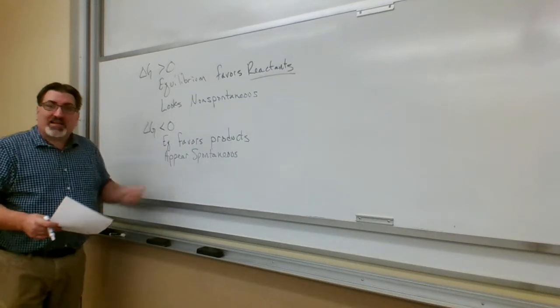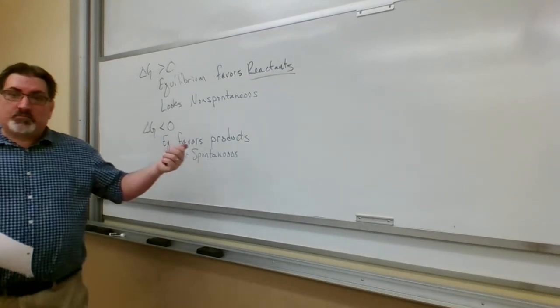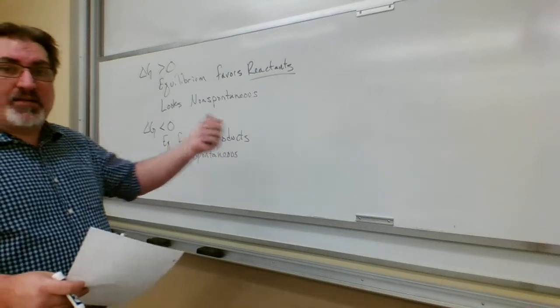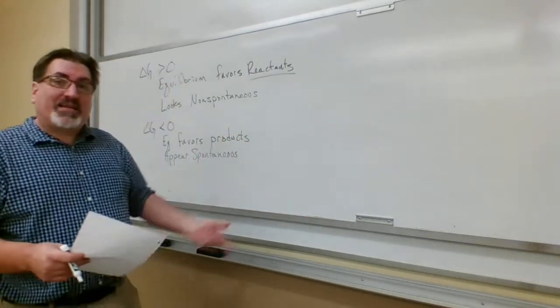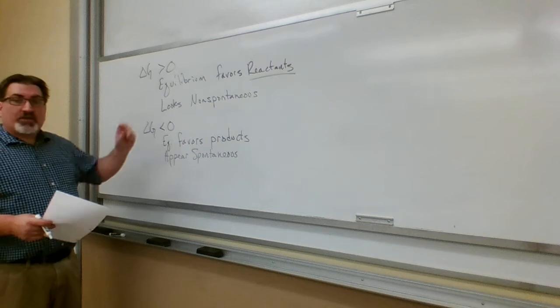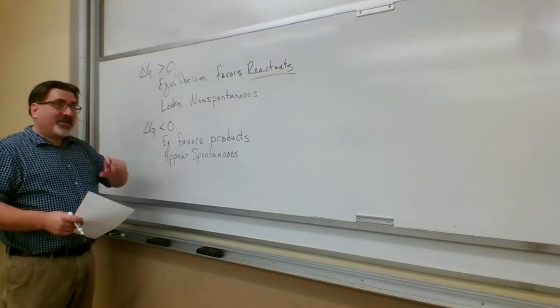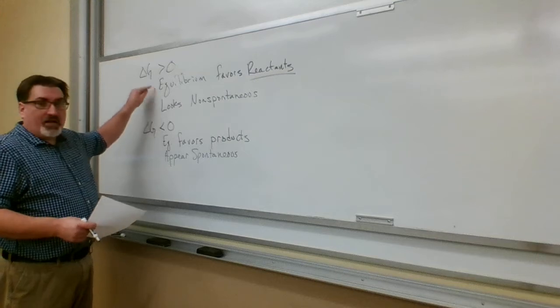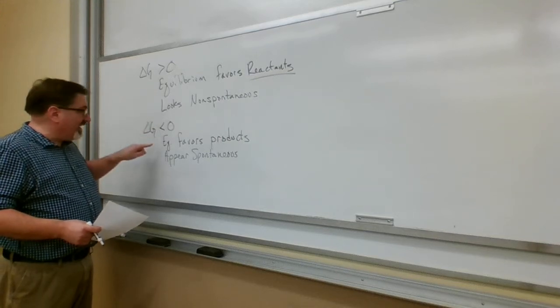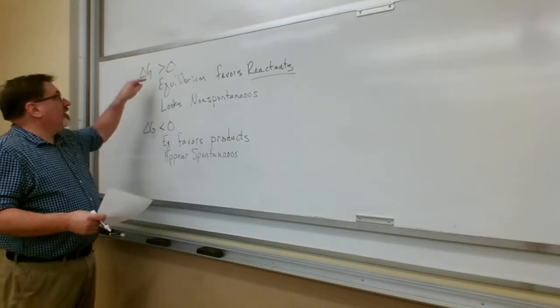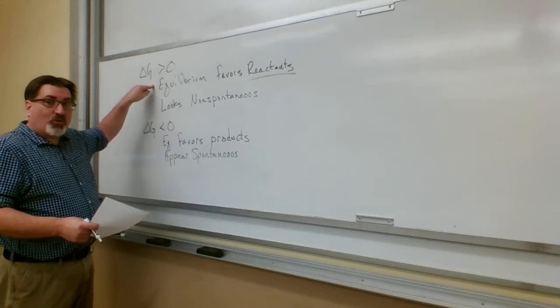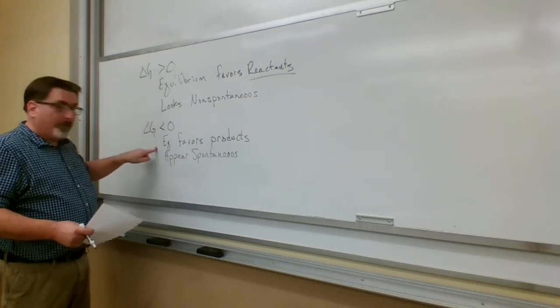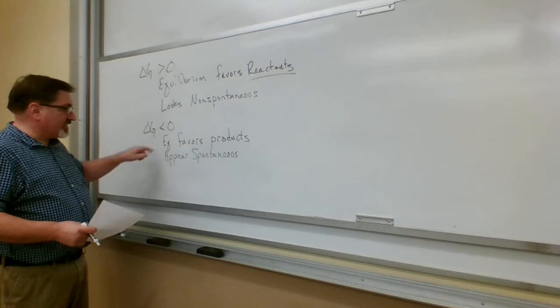That was also the case when K was large. If K was 10 to the second, 10 to the third, 10 to the eighth, we expected lots of product to be made. So there's a relationship between the size of K and the sign on delta G. Small K, delta G is greater than 0. Big K, delta G is less than 0.